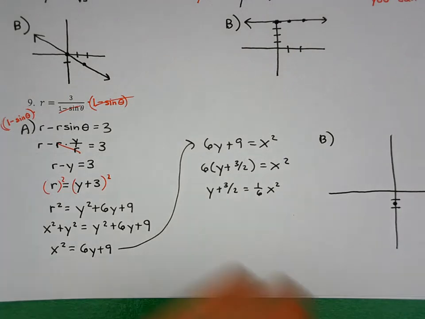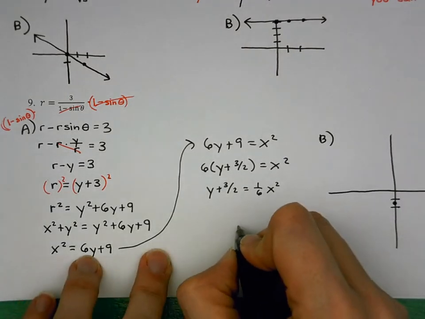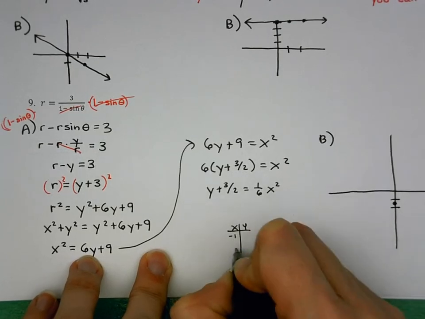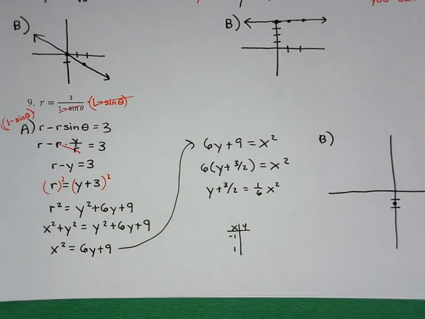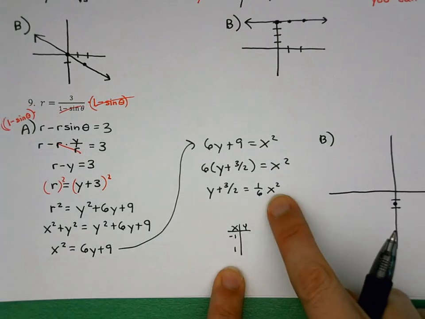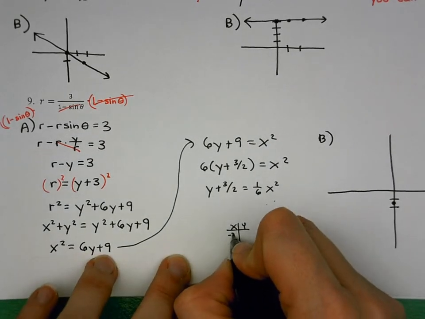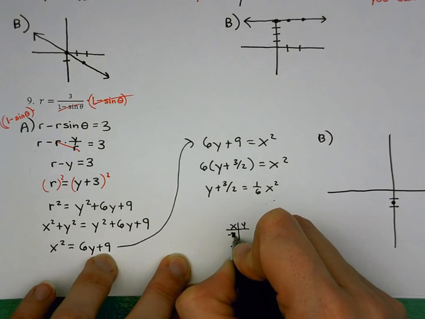For others, when you learned to graph parabolas, you would have done a little xy chart for yourself and maybe plugged in -1 and 1 to see what you get. So you plug in -1 here, get 1/6 and subtract the 3/2. Maybe you do something like that. If you aren't comfortable plugging in -1, 1, maybe you do -2, 2 or -3, 3.